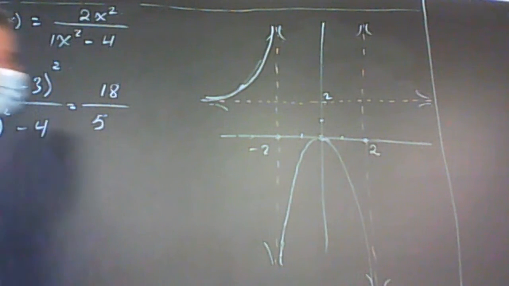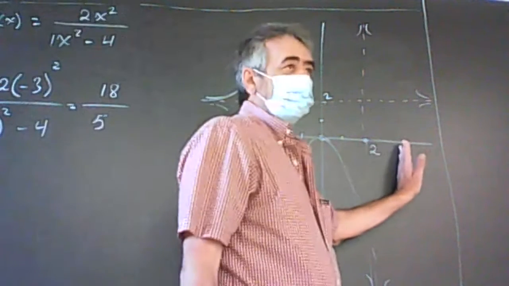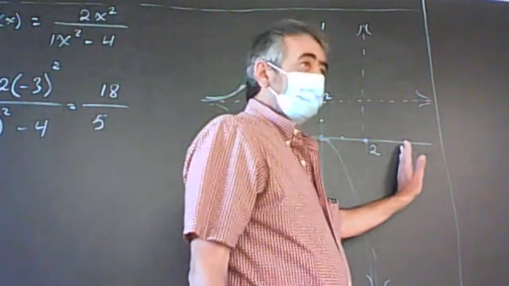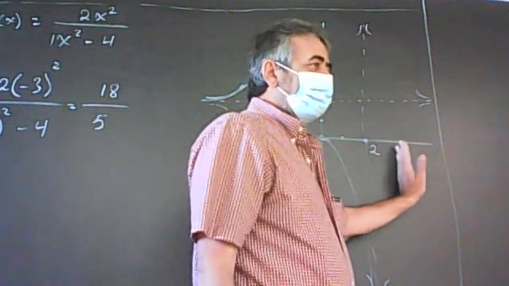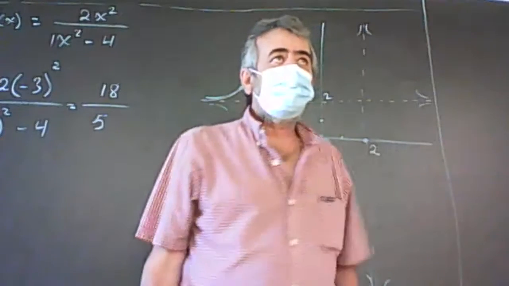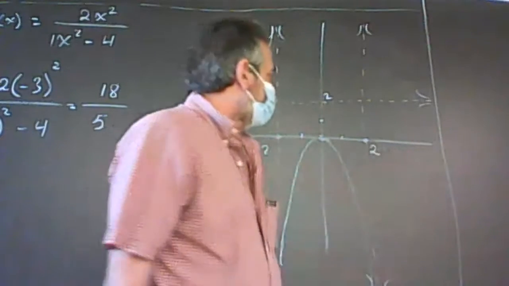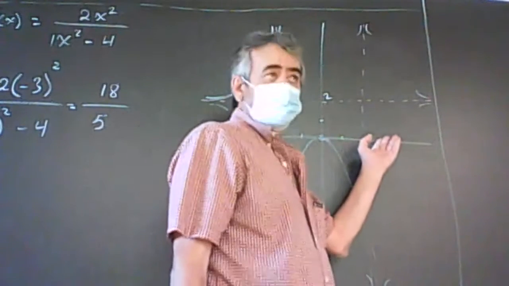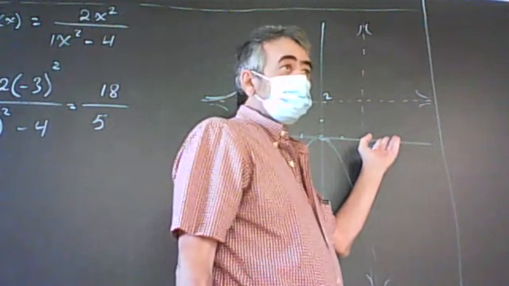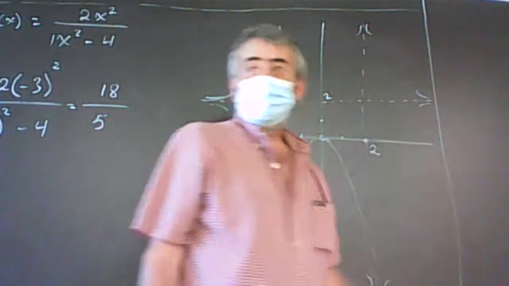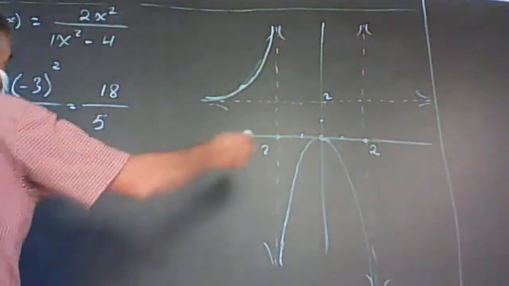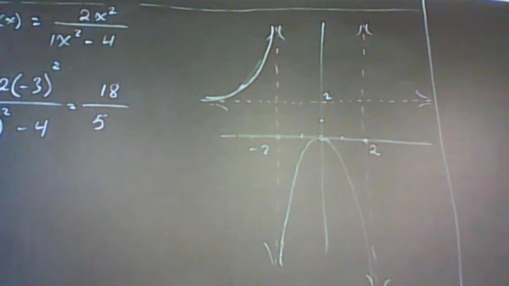Now, let's see what happened to this graph on this side. On this side, I'm just going to take a number bigger than 2. Well, let's put a 3 in there. Is this value going to change?